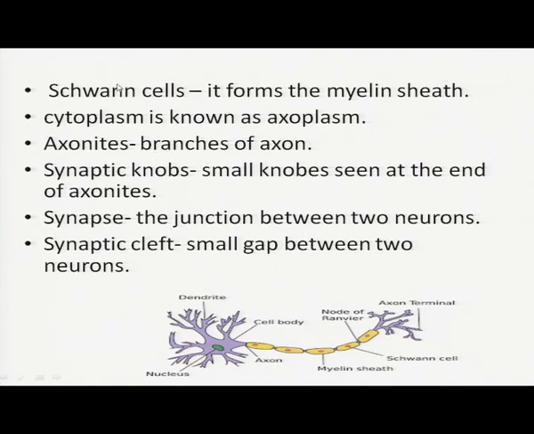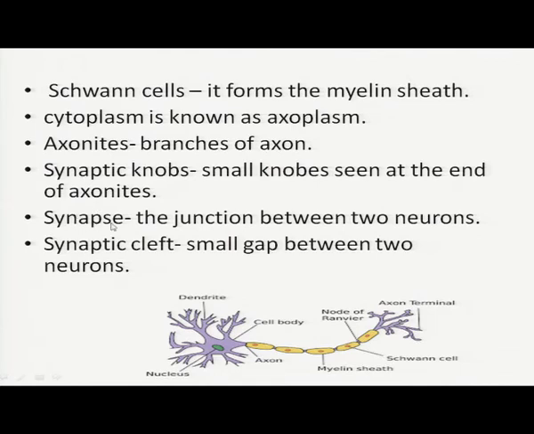Already I have told you, Schwann cells form the myelin sheath. Now, synaptic knob is the small knob-like structure seen at the end of the axonites.